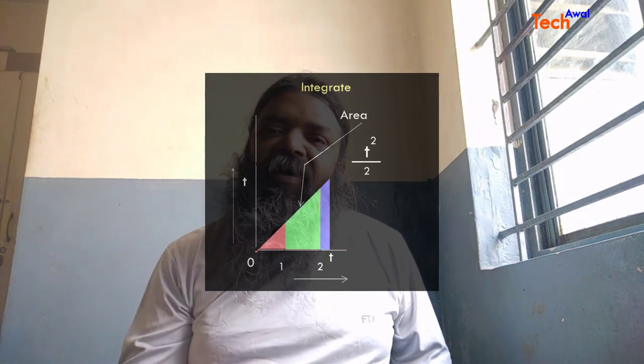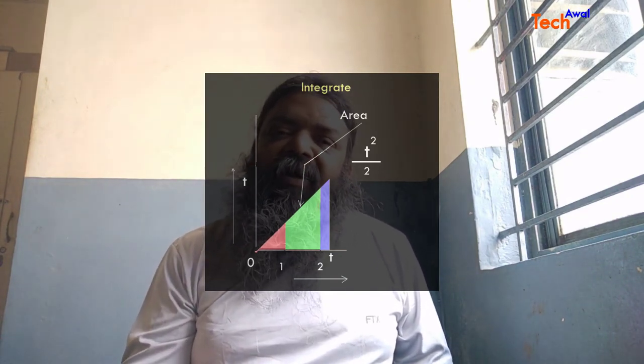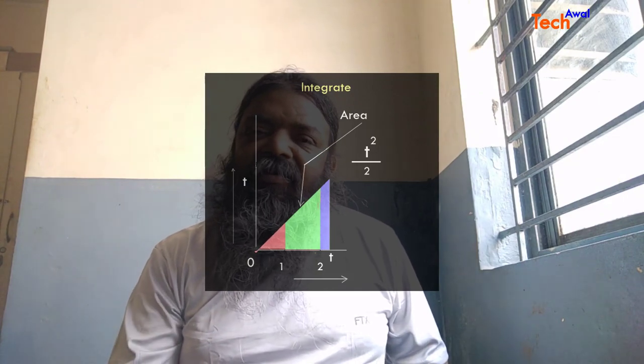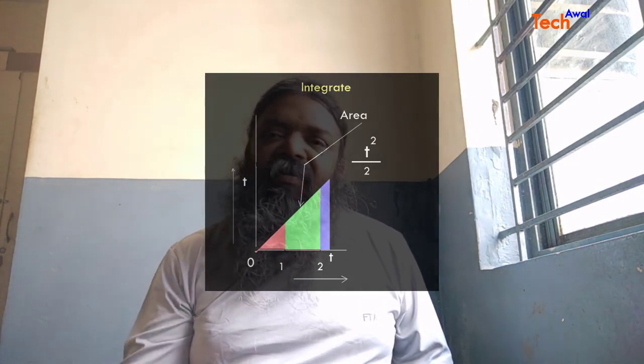If the first day I get 7, the next day I get 14, the third day I get 21, it comes to the same thing, 7 into. So if I take 7 out, then it will become 1, 2, 3, 4, 5.